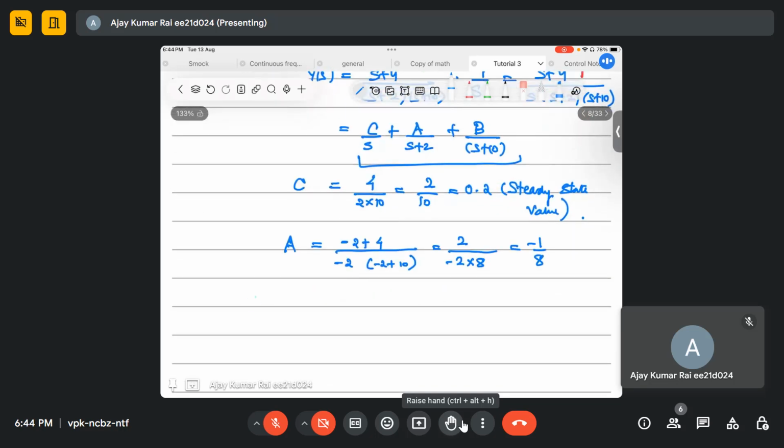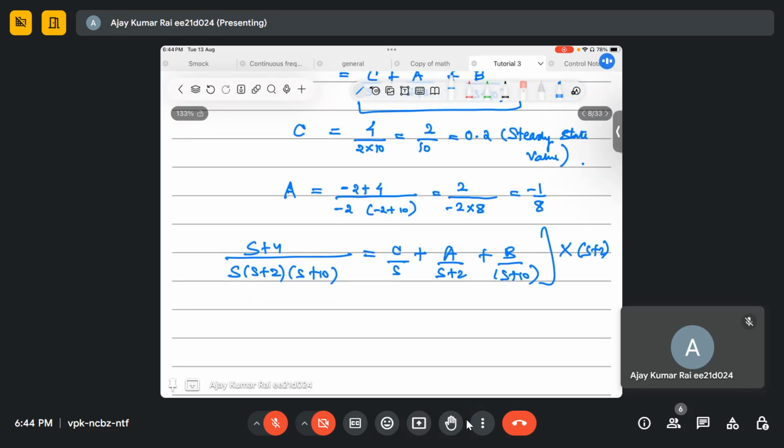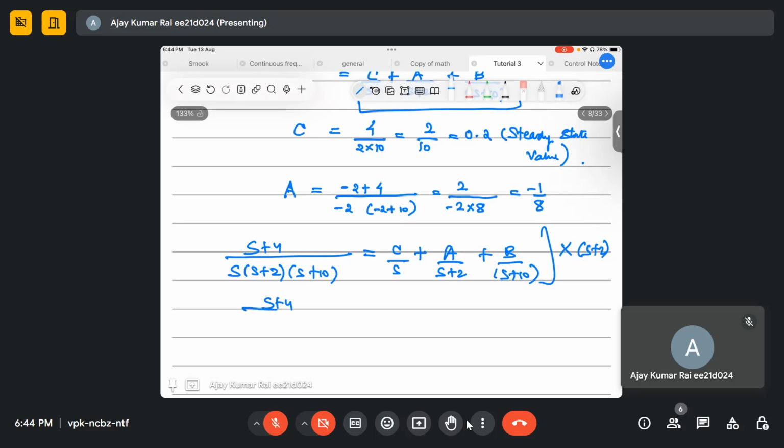Because, let me write this, 2 by s plus 2 times s plus 10 is equal to c by s plus a by s plus 2, plus b by s plus 10. So what I'm doing, multiply by s plus 2. If you multiply by s plus 2, in the left hand side we'll get 2 by s into s plus 10.